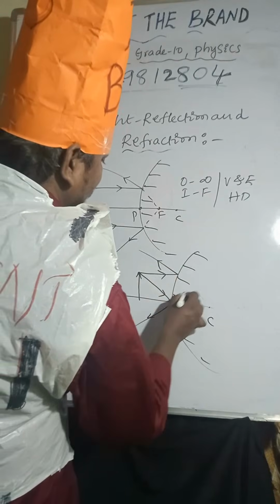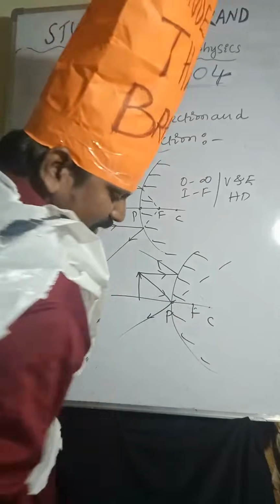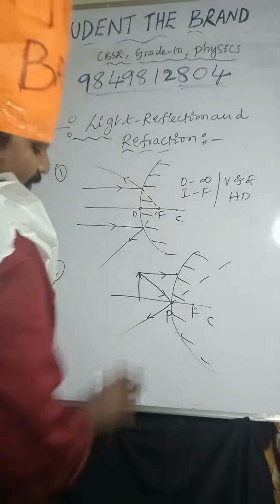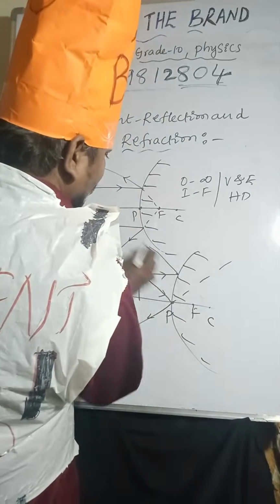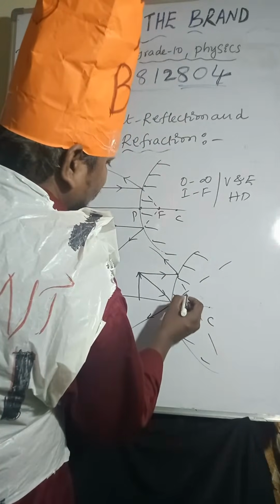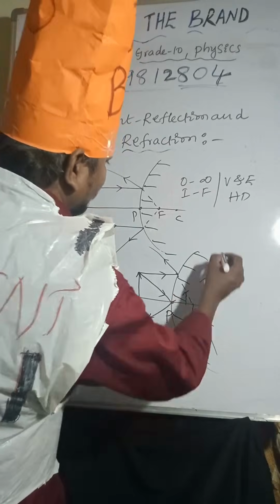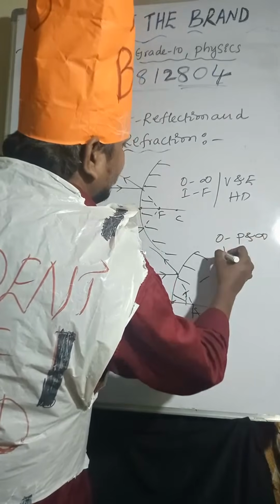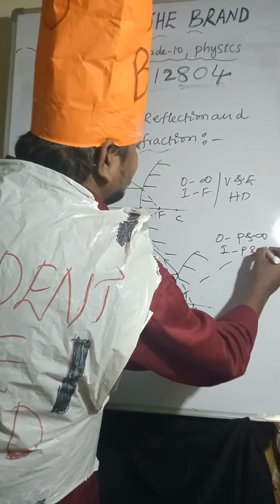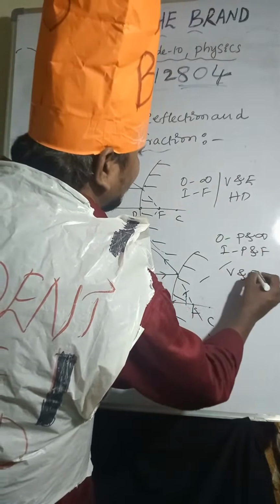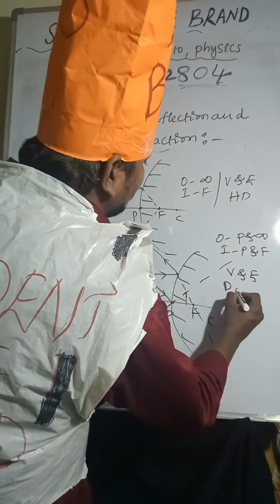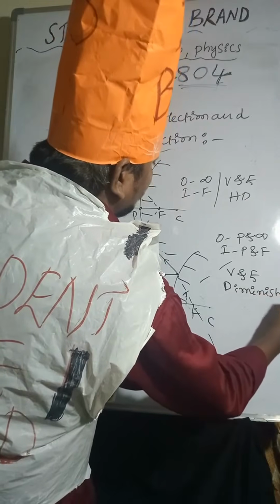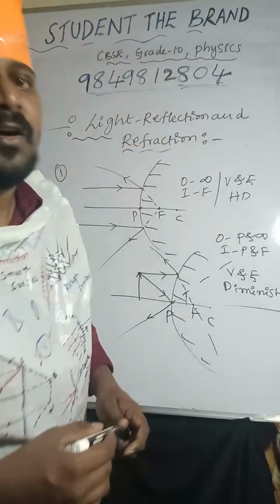If you extend these light rays, the image will form between P and F. Nature of the image is virtual, erect and diminished. Compared to the object, image size is decreased. Okay, so these are the two image formations of convex mirror.